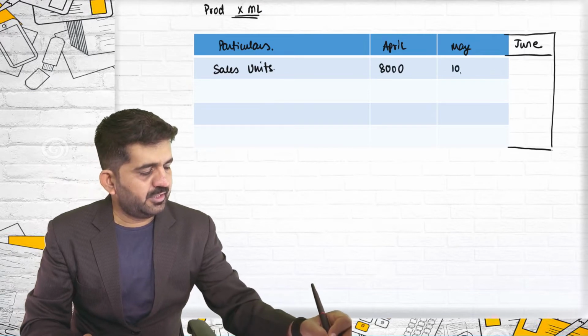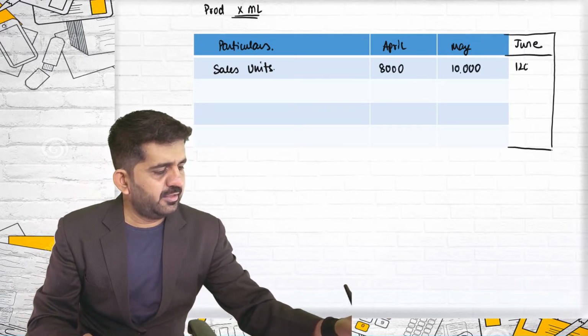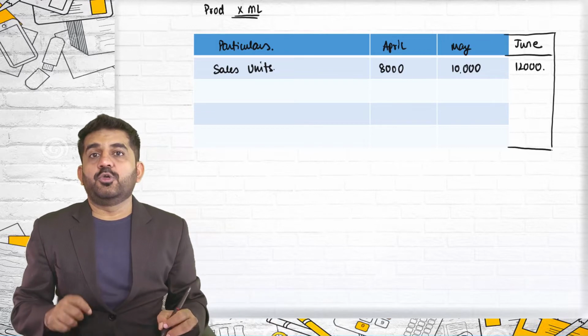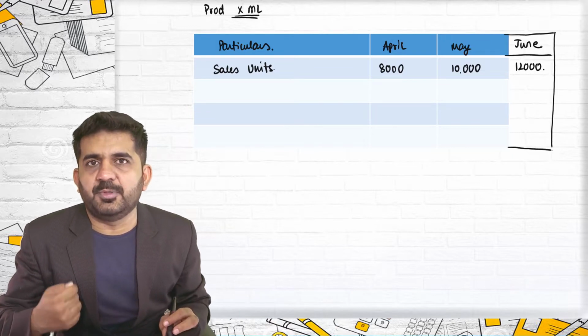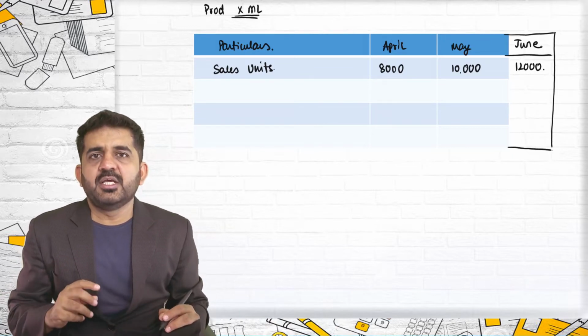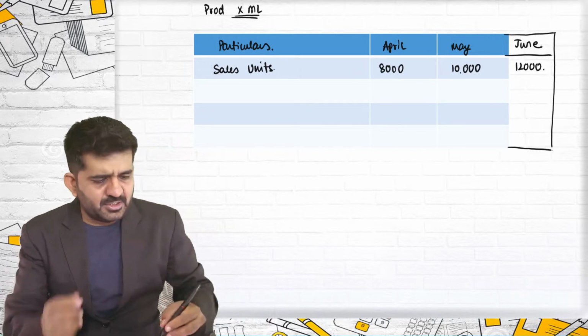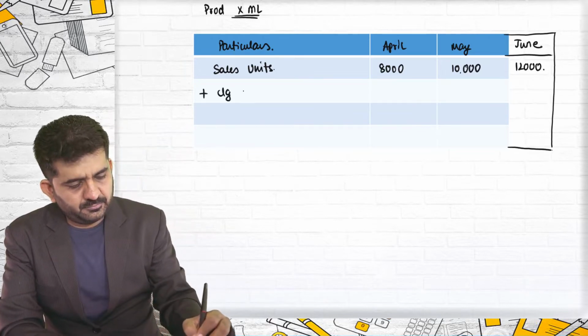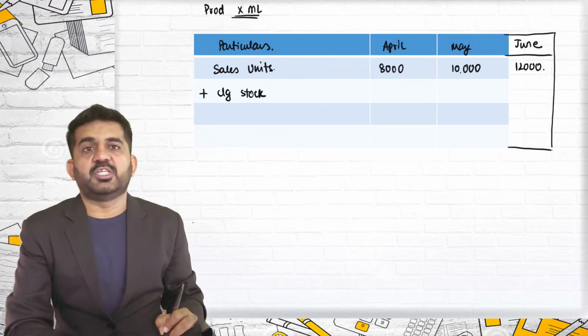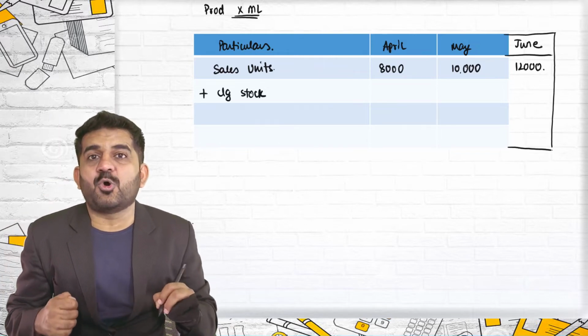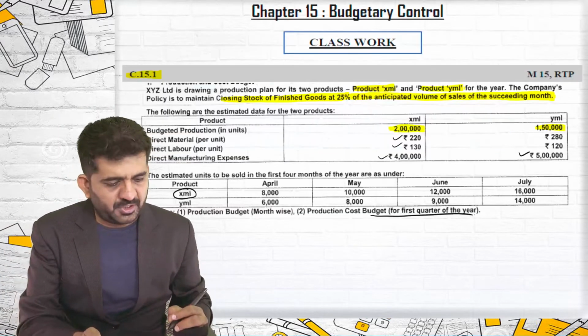8,000, 10,000 and 12,000. As I told you, how to find out how many units you will be producing? Sales units plus closing stock minus opening stock. Now, how much closing stock you are going to keep?